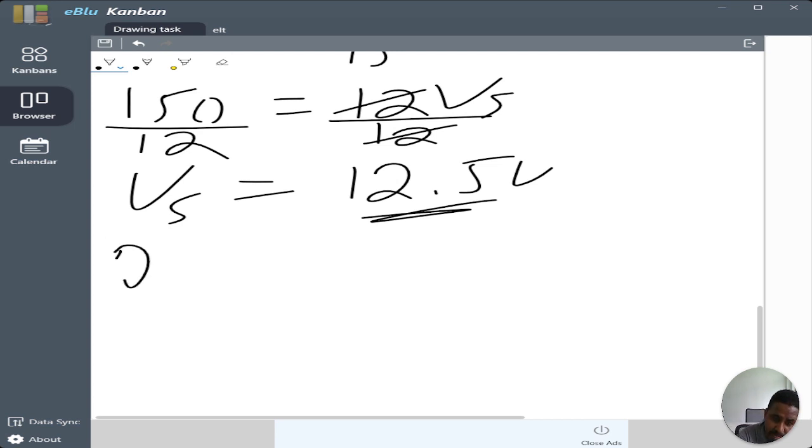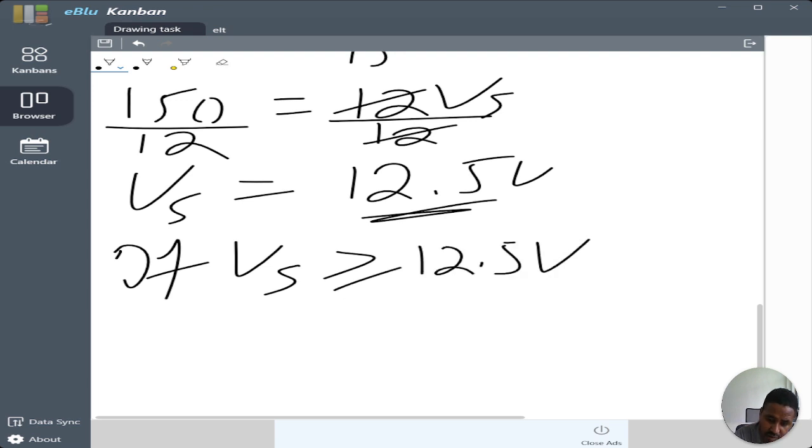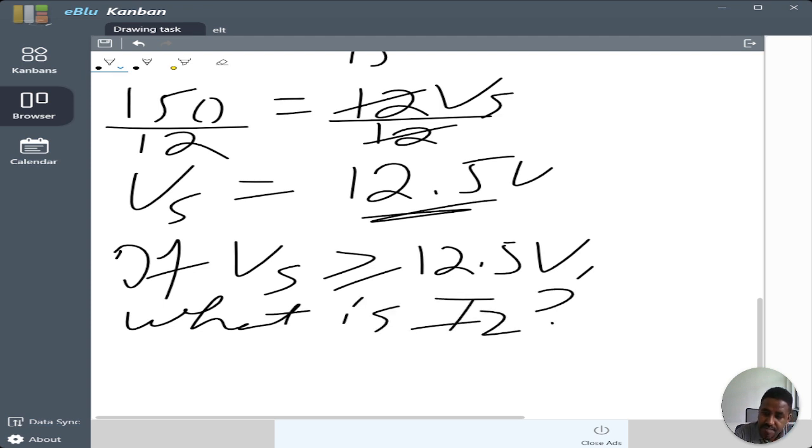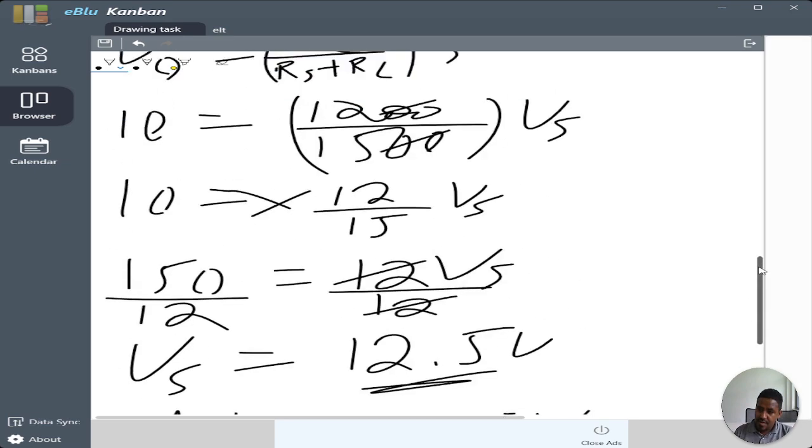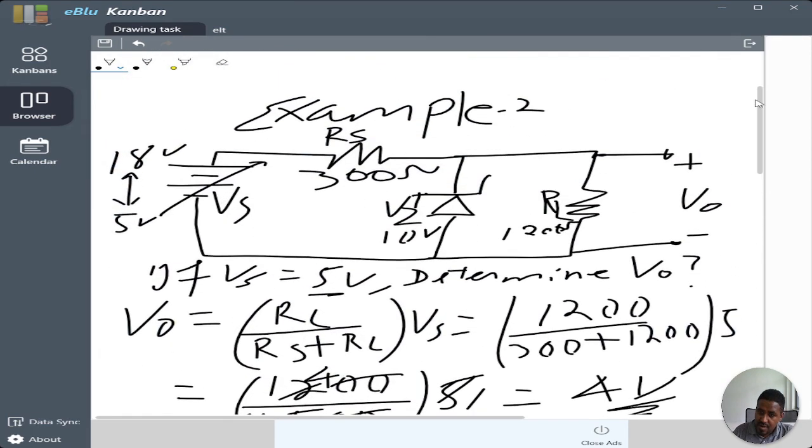If Vs is greater than or equal to 12.5 volt, what is Iz? Determine the current Iz.